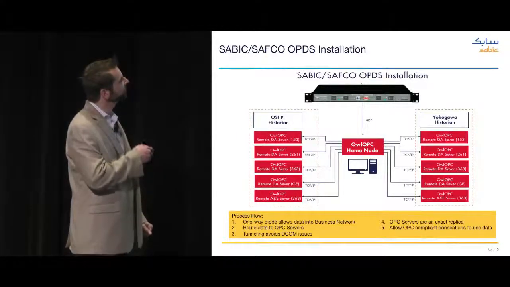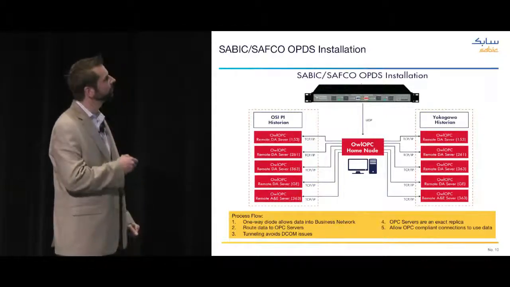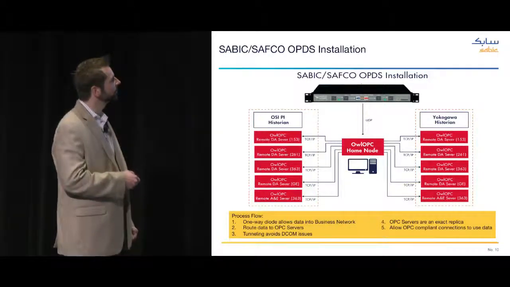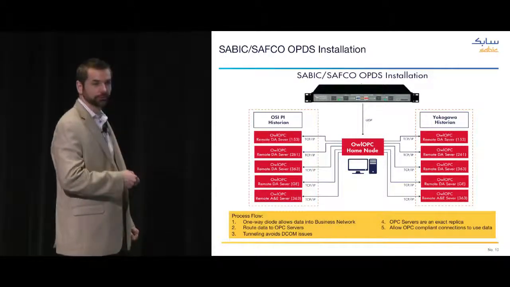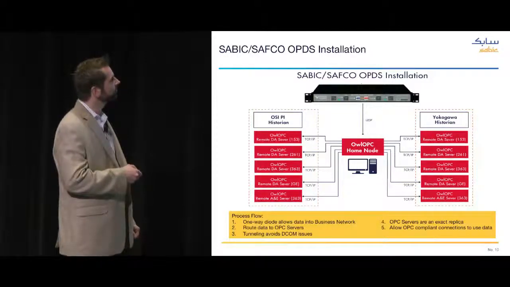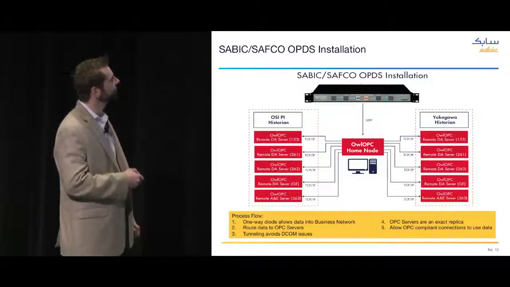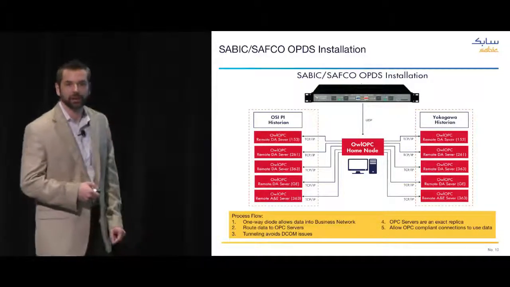Okay, and then this here is the network separation point, where now we're on the business side of things. Again, this is a one-way data transfer. Here's another OWL OPC server, in which case the information is then distributed back out to OPC servers residing on both of these flanking servers with the historians replicated on the business network.